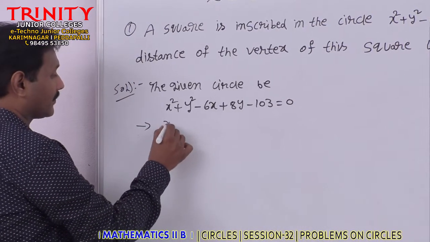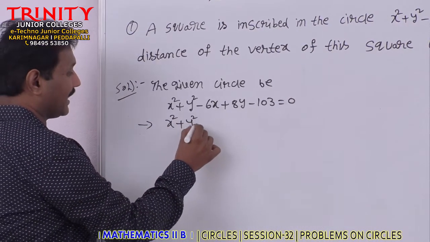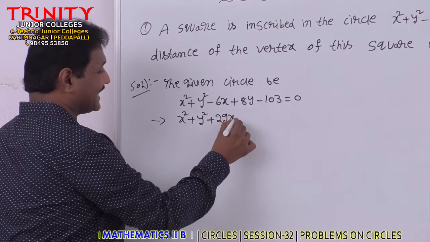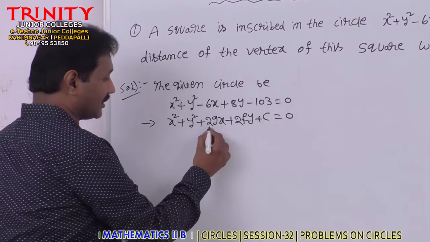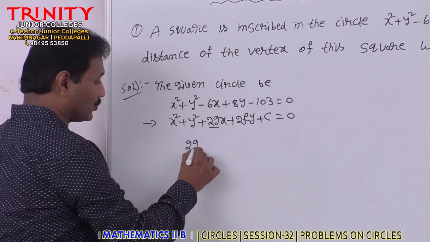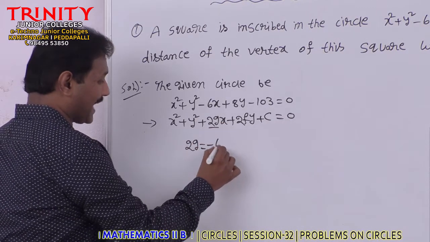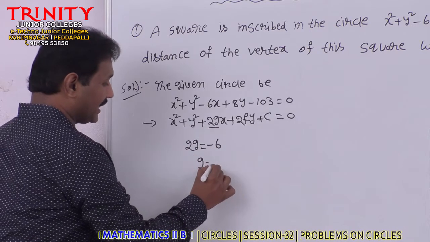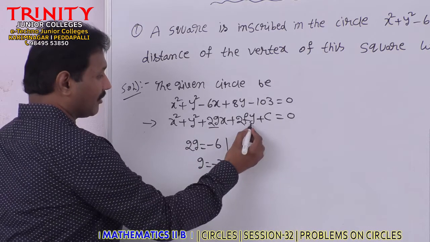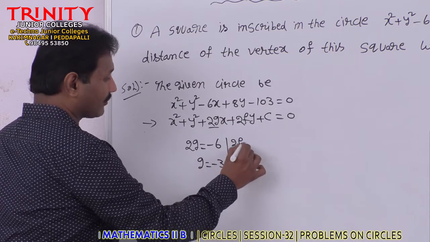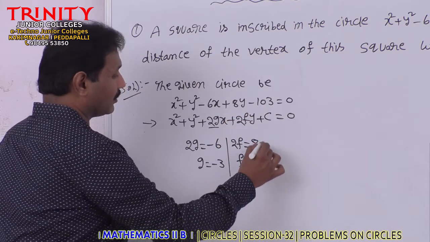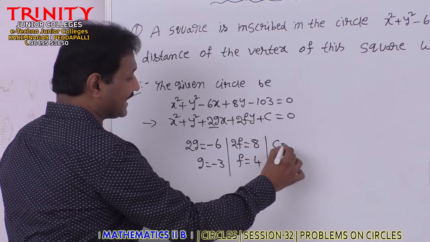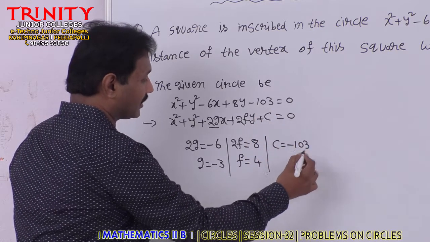This is of the form x square plus y square plus 2gx plus 2fy plus c equal to 0. Here x coefficient is 2g, here x coefficient is minus 6, therefore g equal to minus 3. Here y coefficient is 2f, here y coefficient is 8, f equal to 4. Here constant c equal to minus 103.